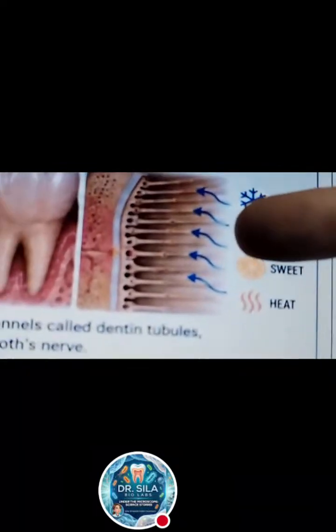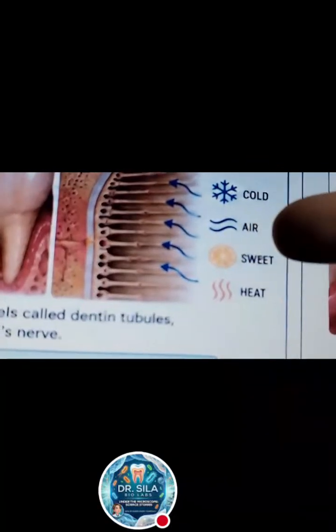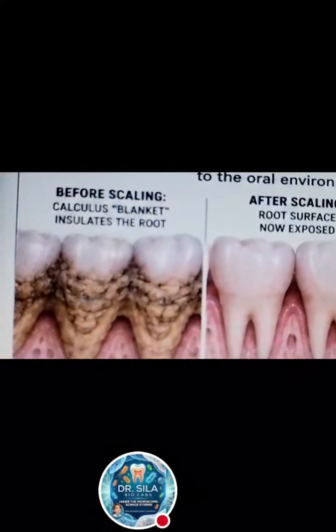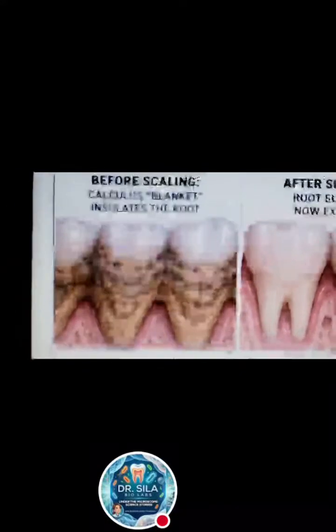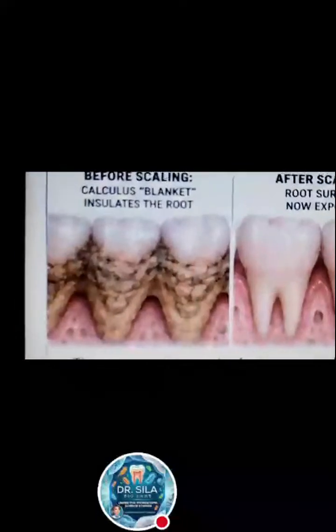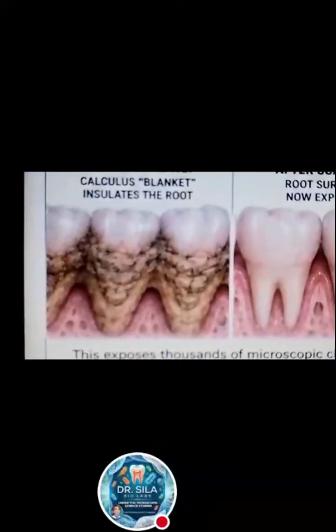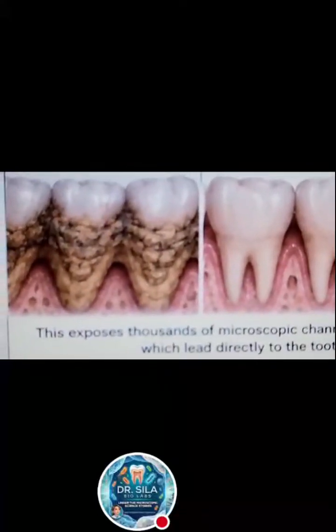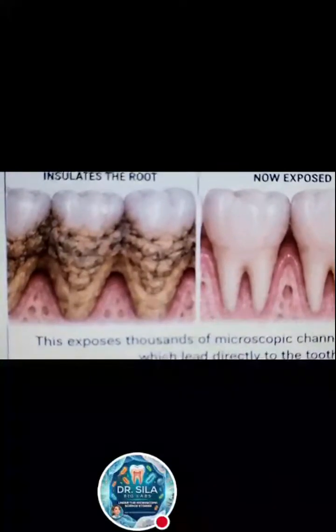Exposed dentinal tubules and nerves. But don't worry, it will heal with time. This exposes thousands of microscopic channels called dentinal tubules, which lead directly to the tooth nerve. Sudden exposure causes temporary sensitivity to hot, cold, or air.